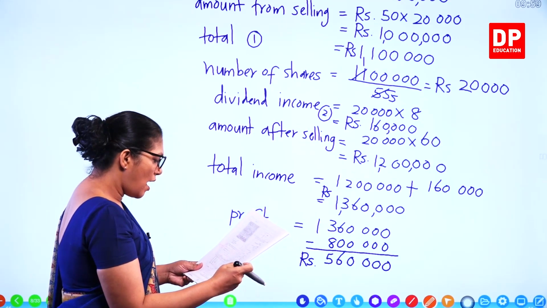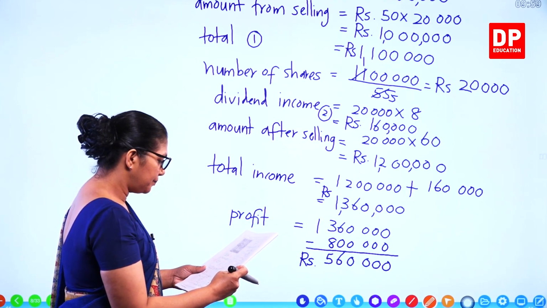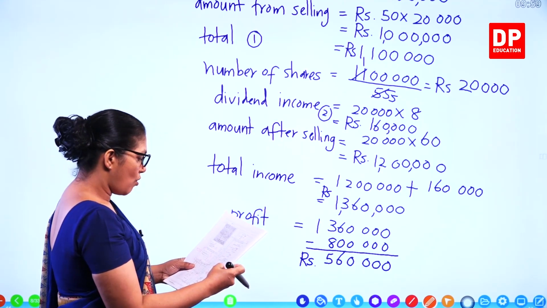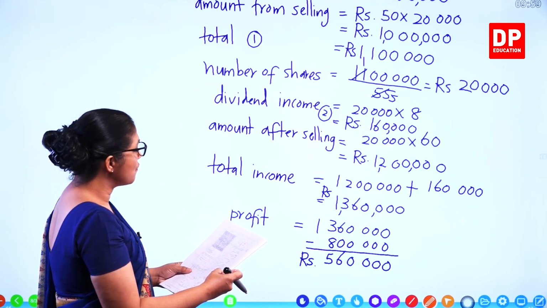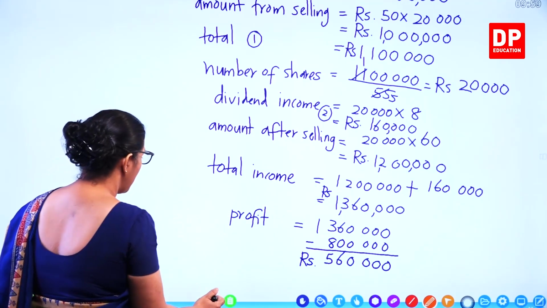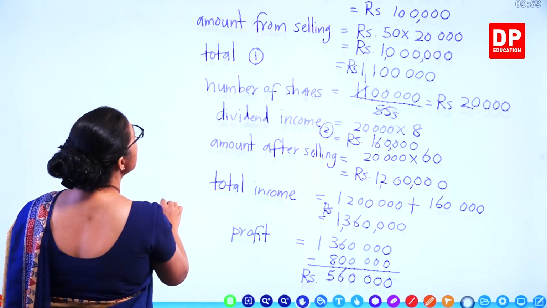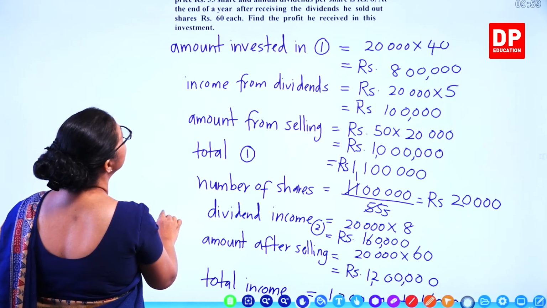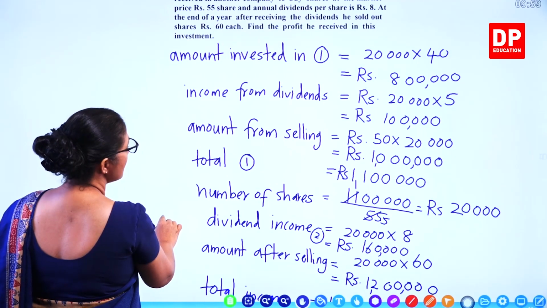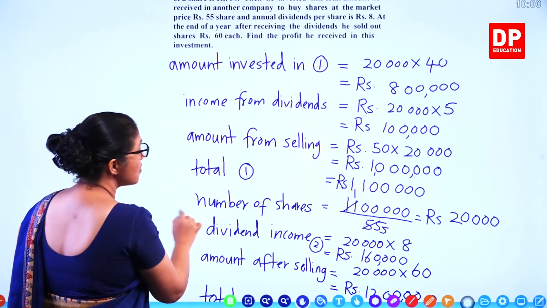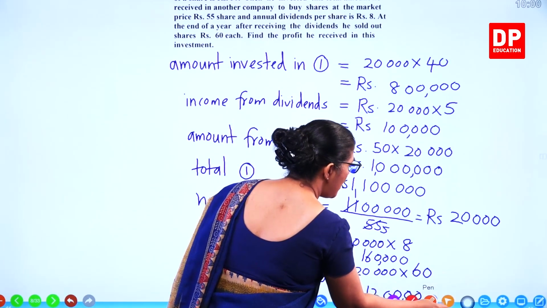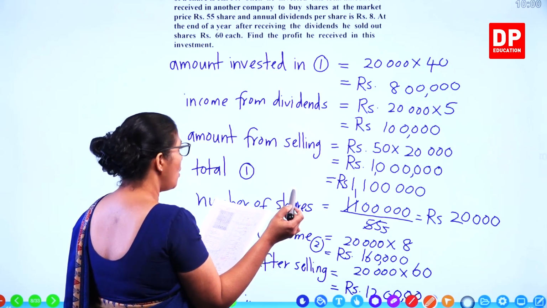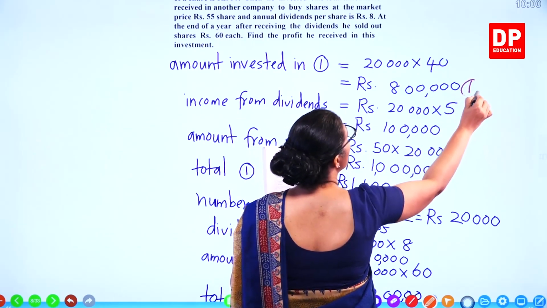So let's give marks. You get altogether 7 marks for this whole step. So what's the question? They're asking the amount, find the profit he received in this investment. So we'll give each step 1 mark. Finding this amount, 1 mark.